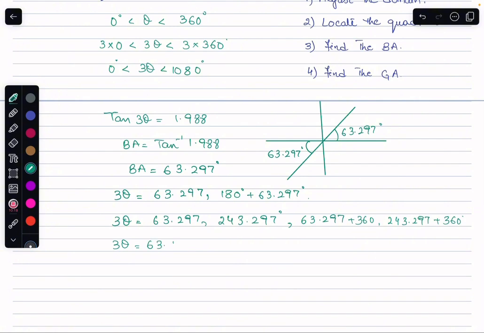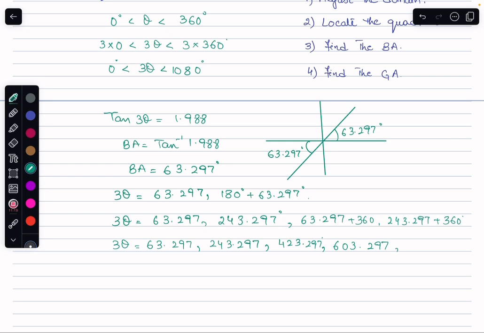Still I can see that we have to go for more angle values here. Up till now, I have the angle values as 63.297, 243.297, 423.297, 603.297. That means we still have margin for rotation up till 1080 degrees.